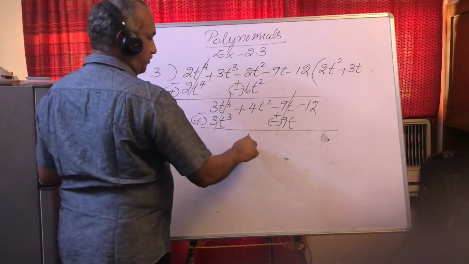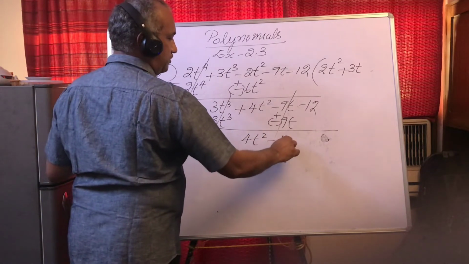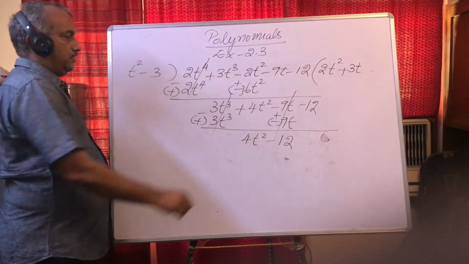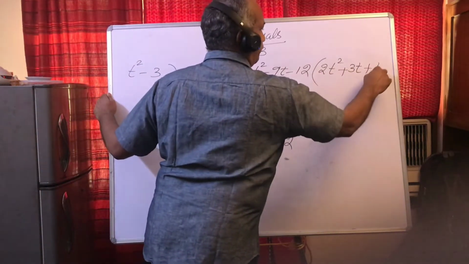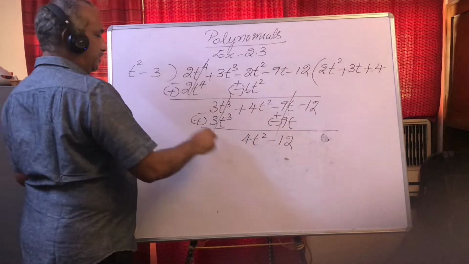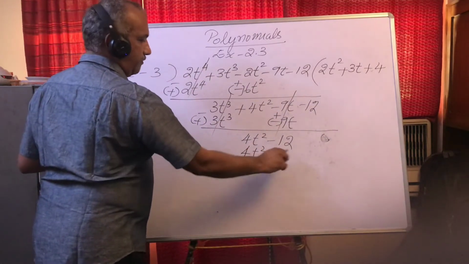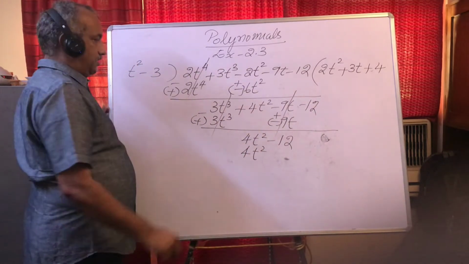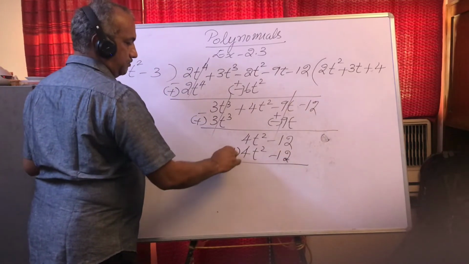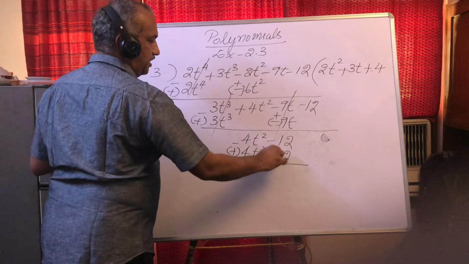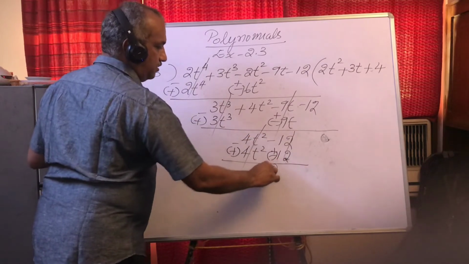What is left is 4t square minus 12. Last division, again 4t square upon t square, plus 4. Now multiply 4 into t square, 4t square; 4 into minus 3, minus 12. So plus minus minus plus, cancel, cancel, 0.